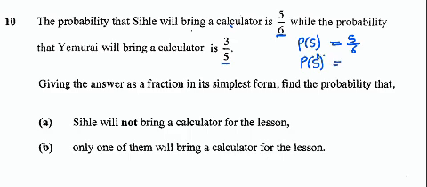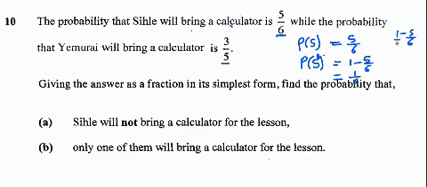It's 1 minus 5 over 6. The probability that she will bring it, you subtract from 1. So 1 minus 5 over 6, we are going to get 1 over 6. You know how to subtract 1 minus 5 over 6. So here you give 1 a denominator of 1.